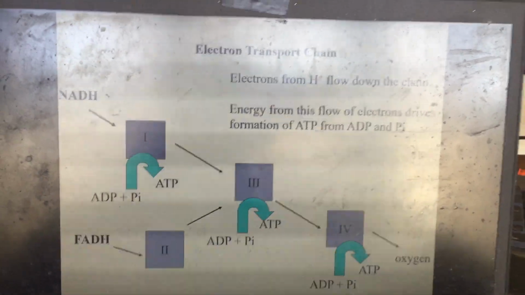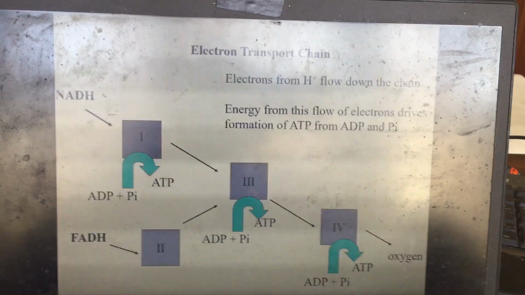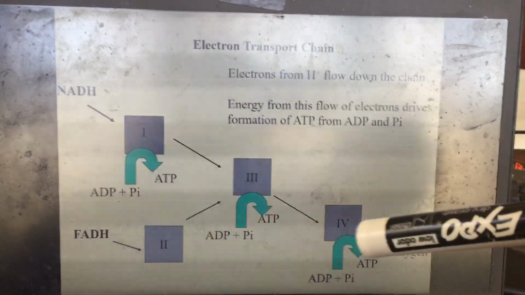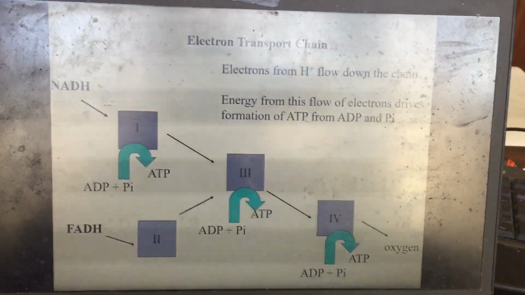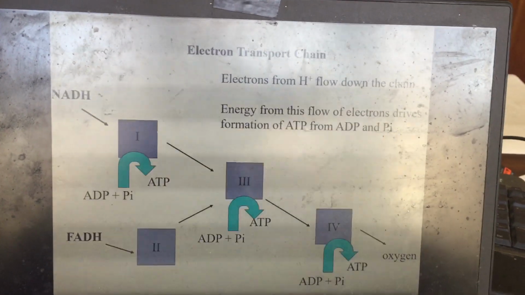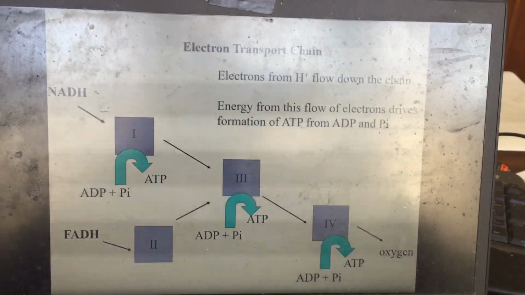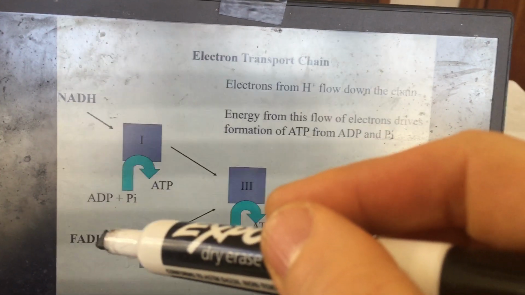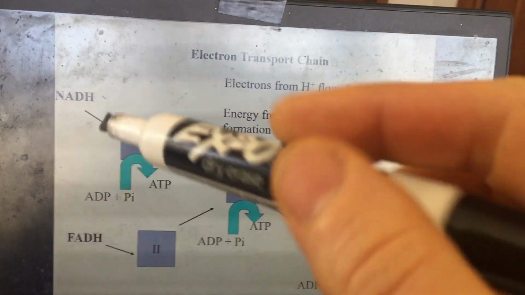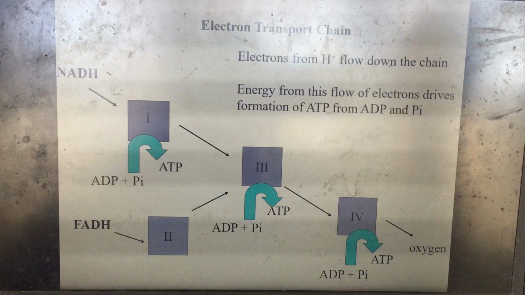So if you look at this diagram of the electron transport chain, you have ATP as your end product, and essentially the inputs to the electron transport chain include your NADH, your FADH, which recall can come from the Krebs cycle. NADH can also come from the pyruvate dehydrogenase reaction.